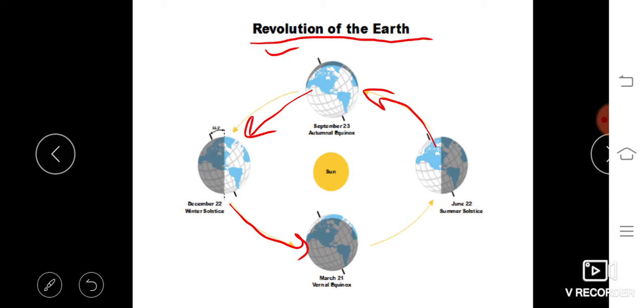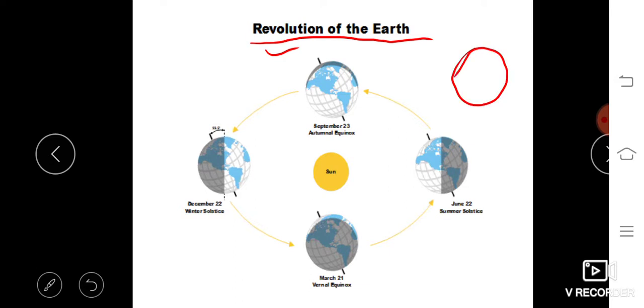Rotation is the spinning of the earth at its own axis. It takes 24 hours, or one complete day, to complete a rotation. Due to this rotation, day and night occur.